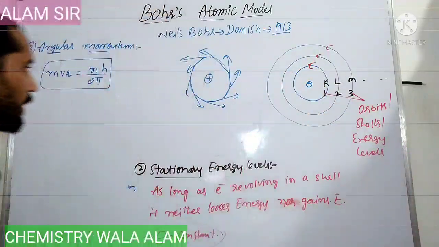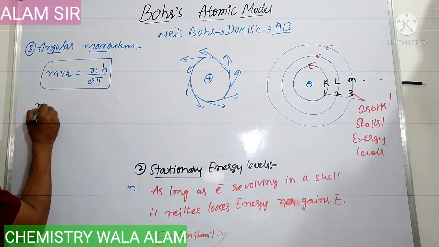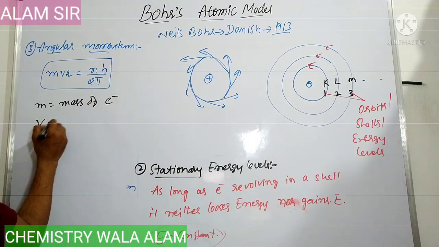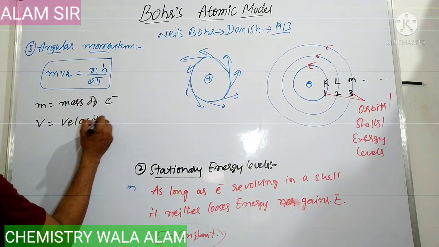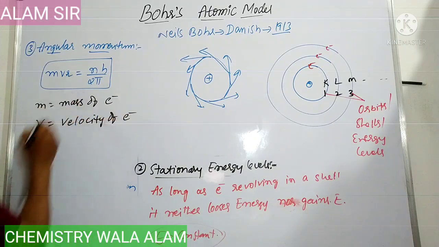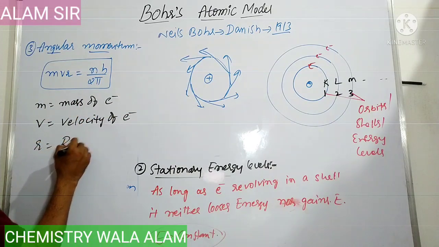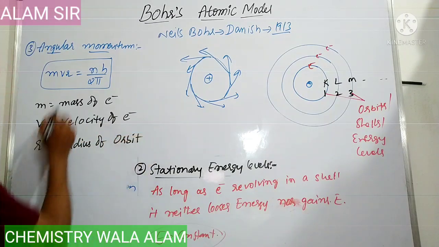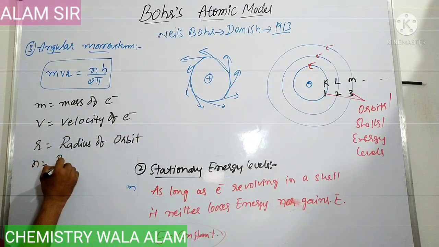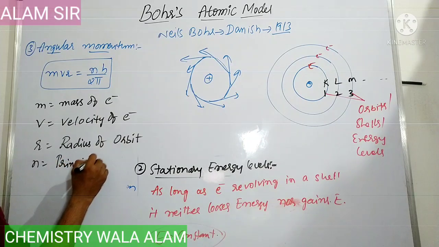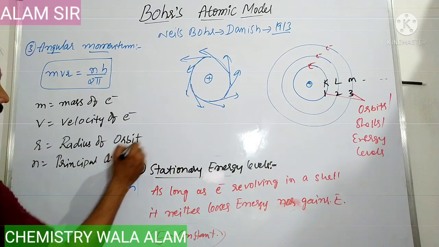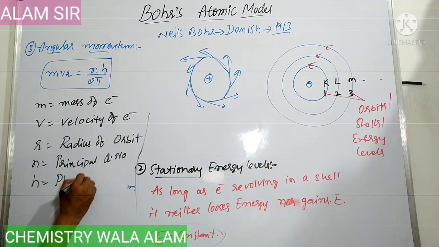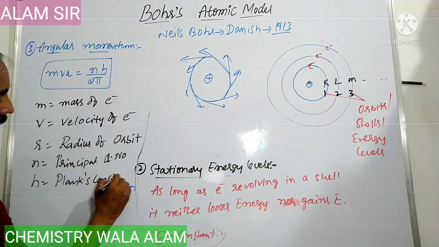Here, what is m? m is the mass of the electron. v is the velocity of the electron. r is the radius of the orbit or shell. n is the principal quantum number. h is Planck's constant.